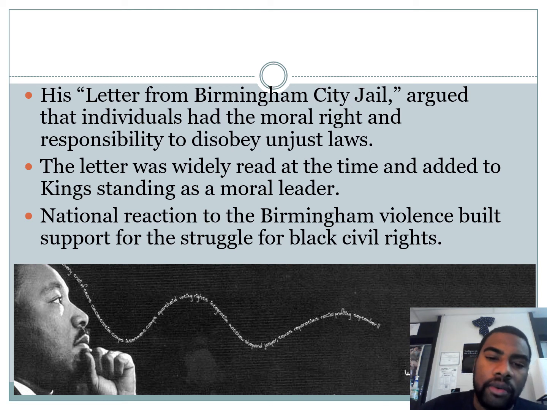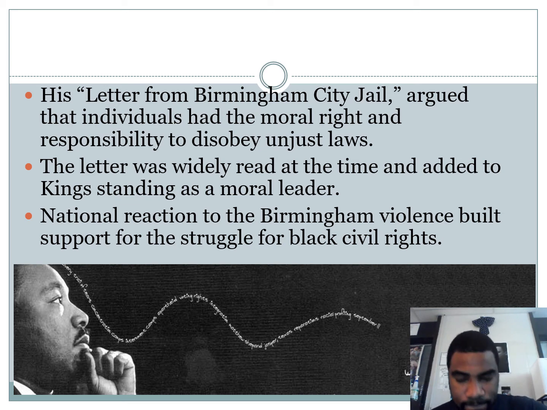The letter was widely read at the time and added to King's standing as a moral leader. National reaction to the Birmingham violence built support for the struggle for Black civil rights.